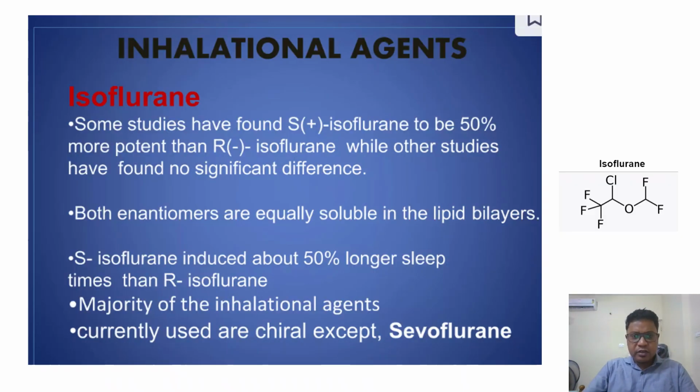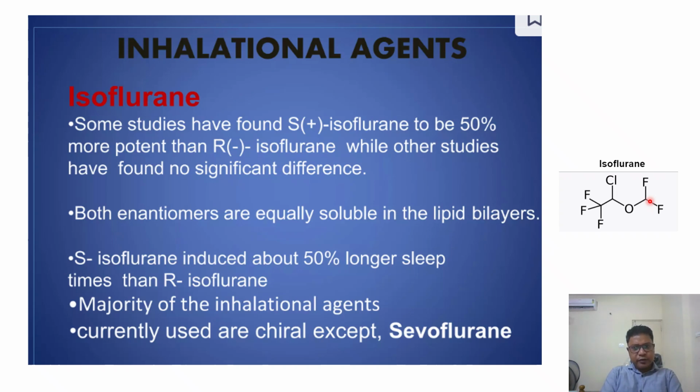Now another drug is an inhalation agent, isoflurane. Some studies have found that S-isoflurane is 50% more potent than the R enantiomer, while other studies have found no significant differences. This is the chemical structure of isoflurane.